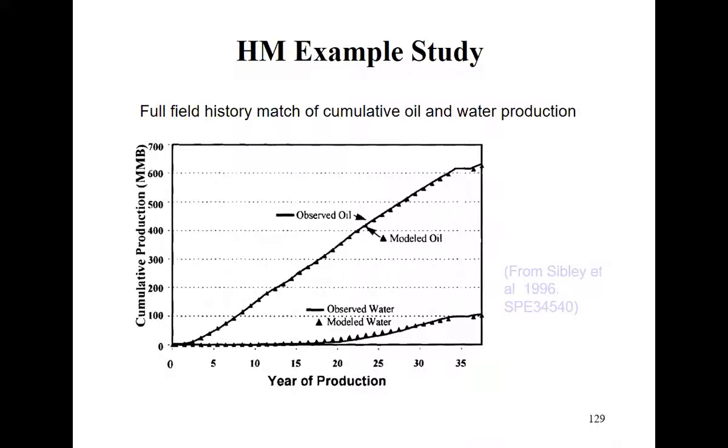So here is an example, a full field history match of cumulative oil and water production. We can see here we are matching observed oil and modeled oil. The dots are in superposition on the simulated. So here is cumulative production of oil, and this is cumulative water.